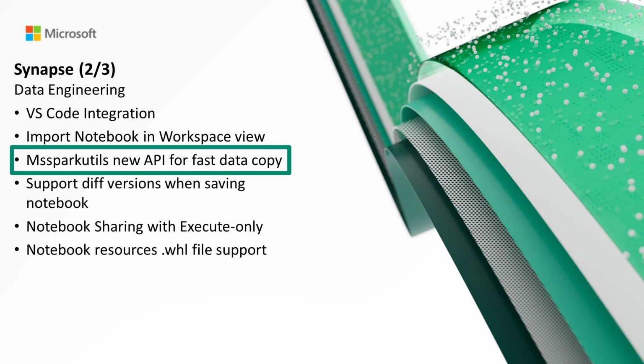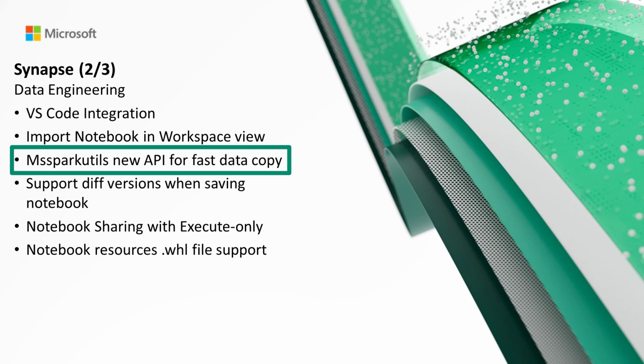Next is MSSparkUtils' new API for fast data copy. We now support a new method in MSSparkUtils that can enable a large volume of data move and copy much faster. And that is mssparkutils.fs.fastcp. You can use mssparkutils.fs.help("fastcp") to check the detailed usage.